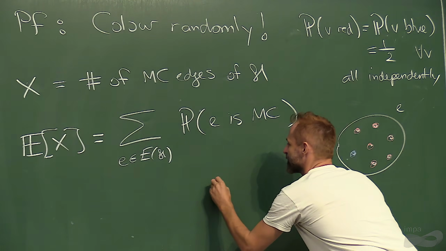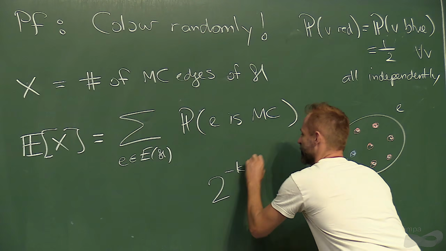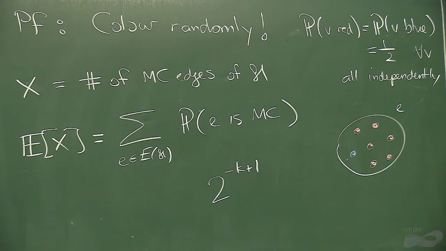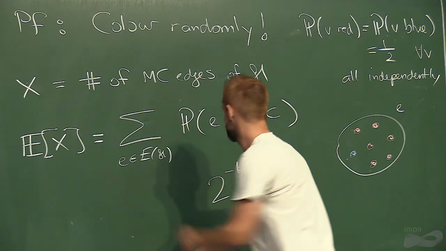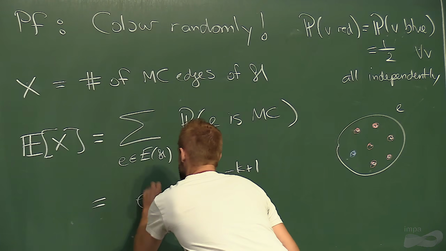This is always 2 to the minus k plus 1. Right? First one doesn't matter. All the others, probability 1/2 of being the same. That's true for every edge.